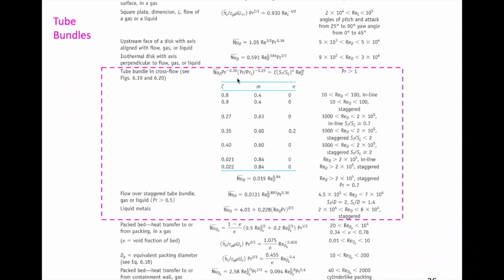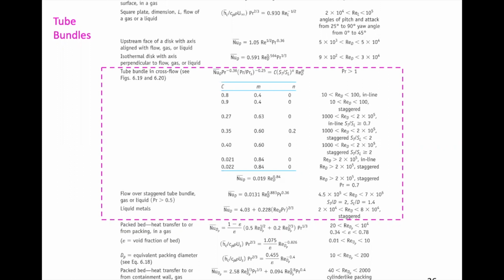Very conveniently, the table has the parameter C, m, n table, but you need to choose these parameters depending on the Reynolds number, the geometry, whether it is inline or staggered, and the ratio of the pitches, transverse to longitudinal.